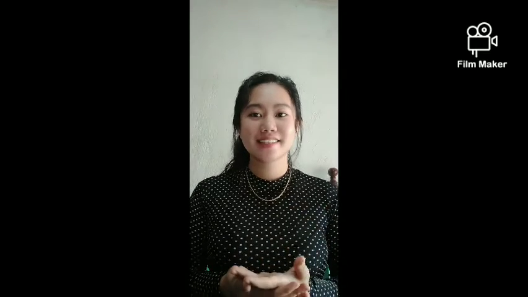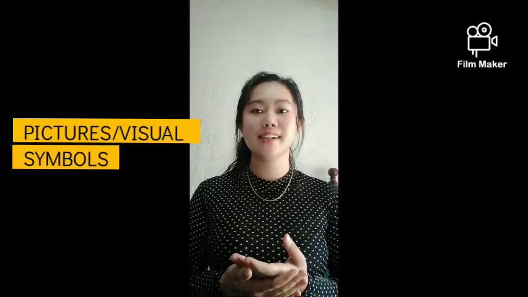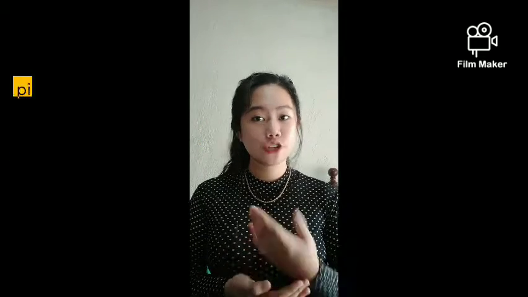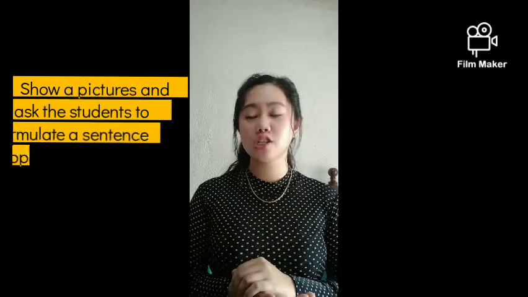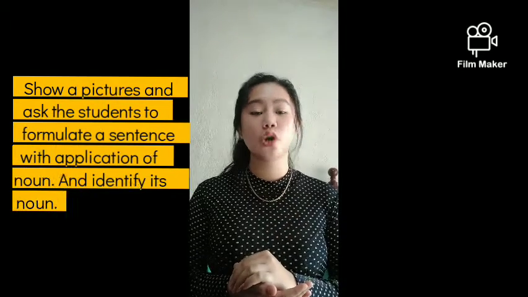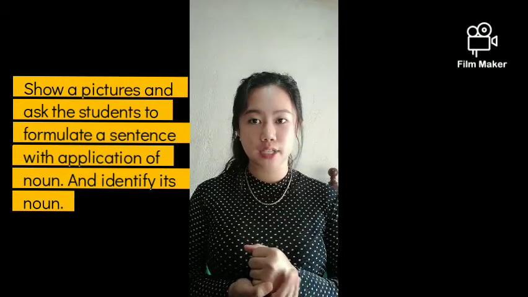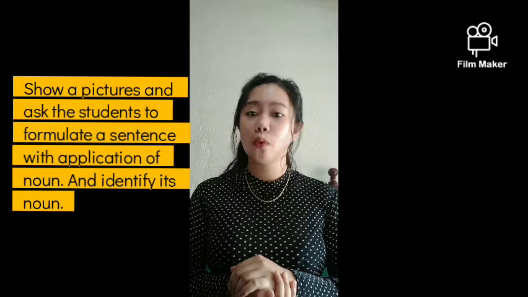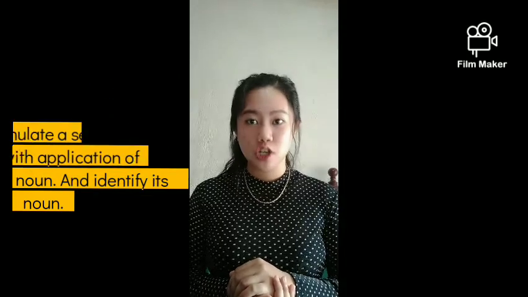The second one is the pictures or visual symbols. What I am going to do in this part is show a picture and ask my students to formulate a sentence with the application of a noun and identify what type of noun it is. Like, for example, I show this picture.